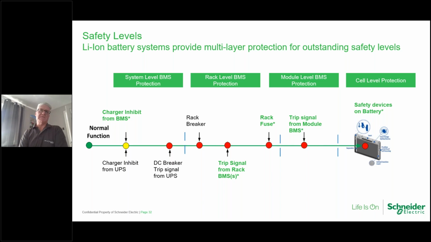However, we then put a BMS on the system, and manufacturers will do this, to look at what's happening at cell level, module level, rack level, and system level, then reporting back to the UPS for DC breaker tripping, which is what you normally expect with a battery. All these elements are there to support and monitor what's happening within that critical battery cabinet. And that's outside of what the UPS is doing to understand what's happening with the voltage in the battery.